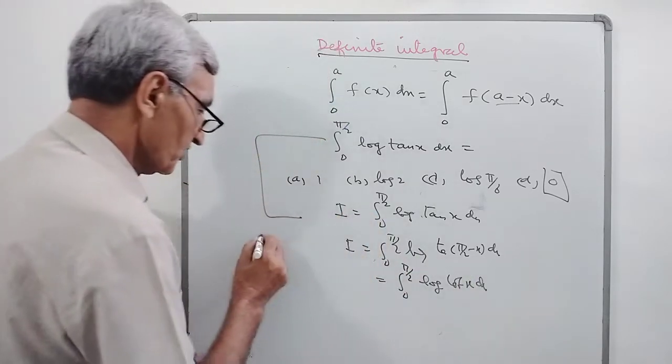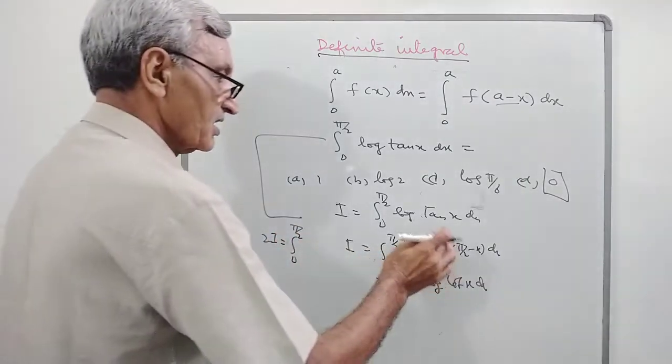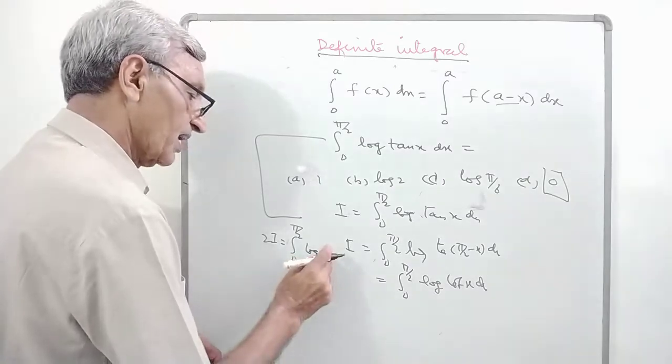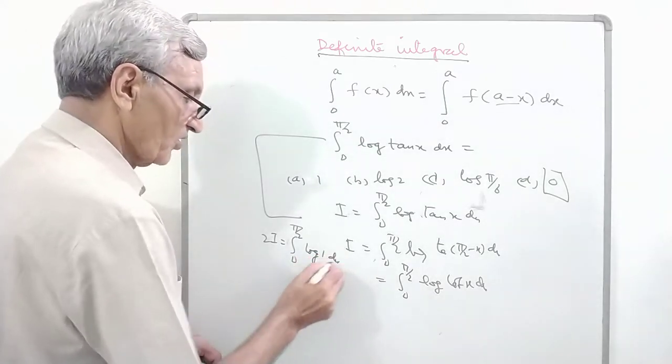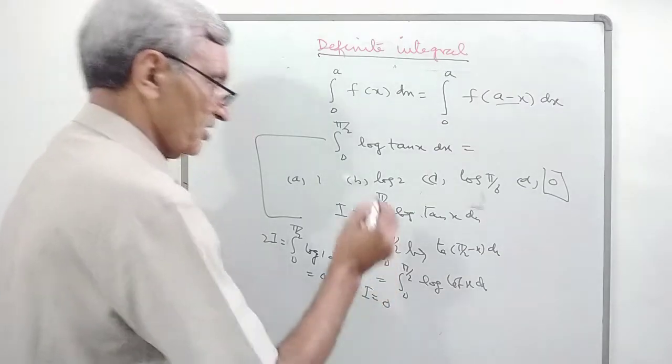Adding both of them, 2I is equal to the integral from 0 to pi by 2 of log tan x plus log cot x. Multiplying, tan x cancels with cot x, giving 1, log 1 is equal to 0, therefore I is also equal to 0.